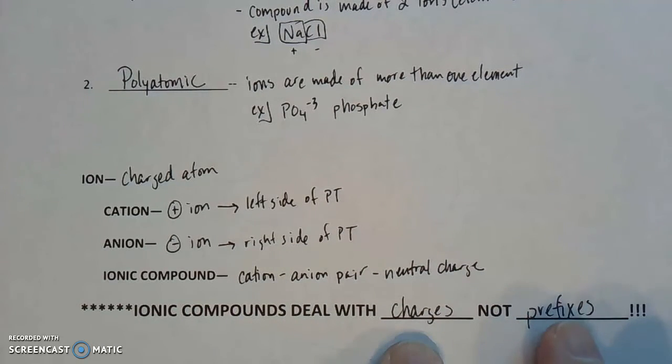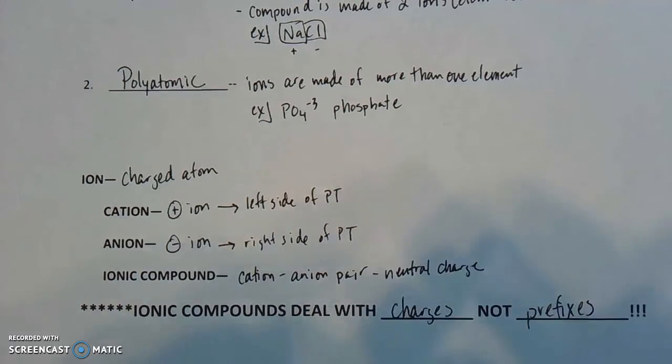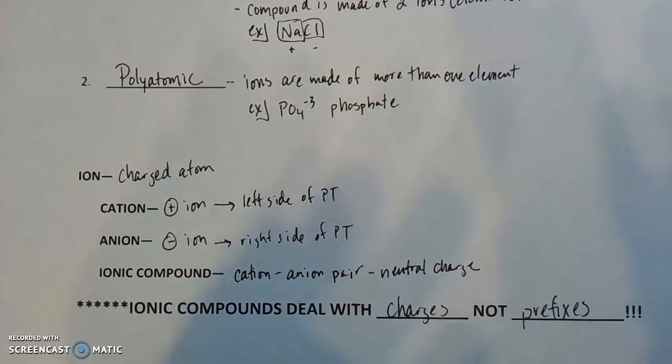We've already done covalent, so we're not going to have any prefixes with these. So we're starting anew with a new set of rules. But before we do that, our next video is going to talk about how do we find what the charges of something are. We already know a little bit about this, but there are some tricky parts.